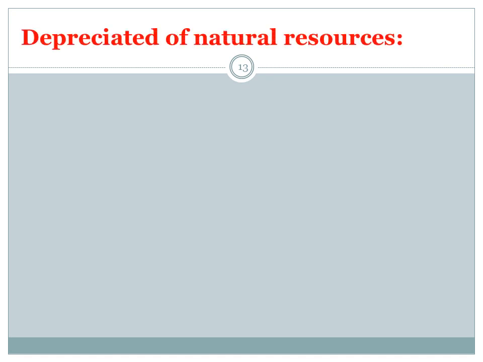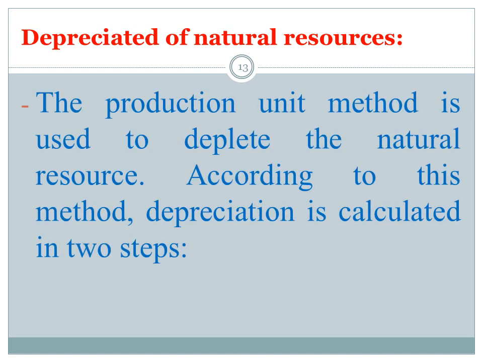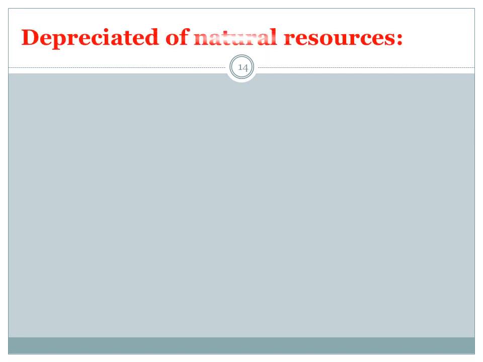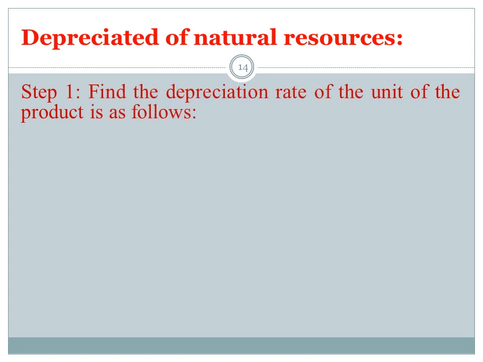Depreciation of natural resources. The production unit method is used to deplete the natural resource. According to this method, depreciation is calculated in 2 steps. Step 1: find the depreciation rate per unit of product.